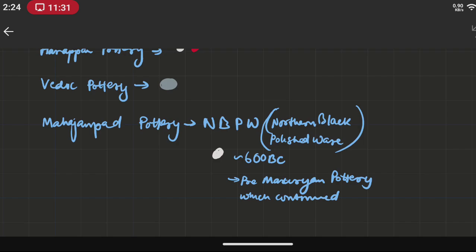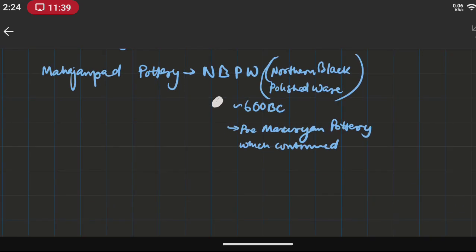During the Mahajanapada period, the pottery was Northern Black Polished Ware, which was around 600 BC. This Northern Black Polished Ware was shiny, costly and rich. It was a symbol of wealth and urbanization, although it represents economic inequality. Why?